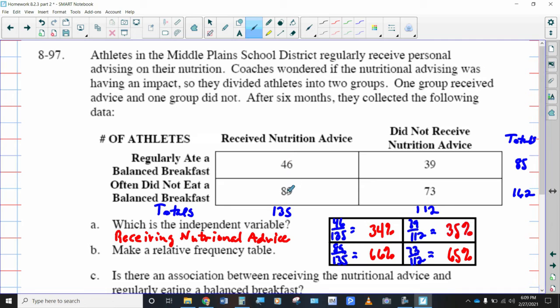So the total number of students that received nutritional advice was 135, because that's 46 plus 89, and the number of students that did not receive the advice was 112, 39 plus 73.